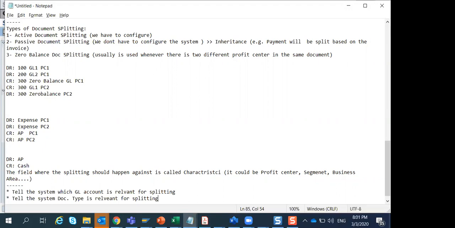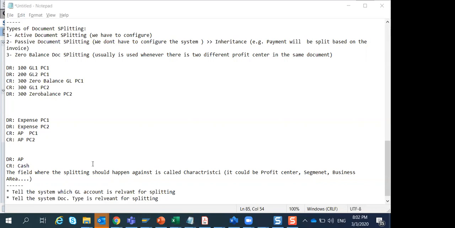For example, SA is the document type for GL, AA for asset accounting, KP, KB for vendor. Any accounting document will have two things for sure: one is the document type, two is the posting key. Does it make sense?